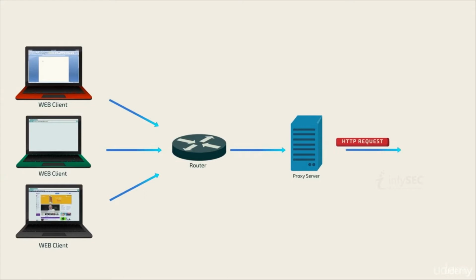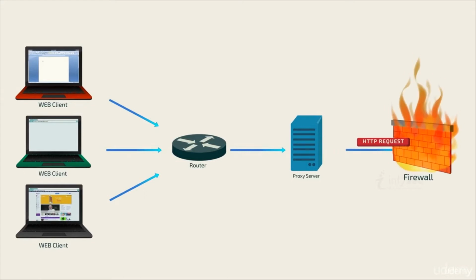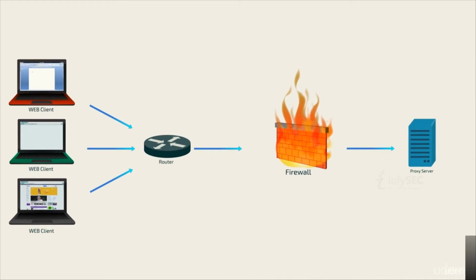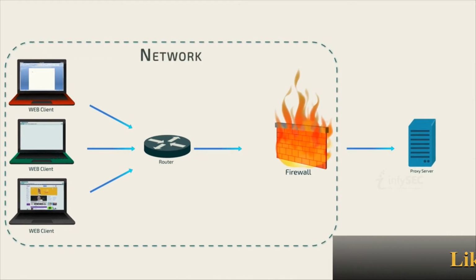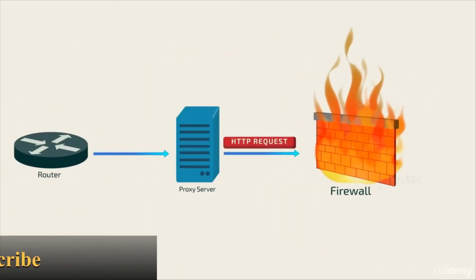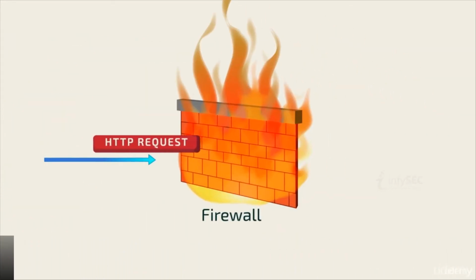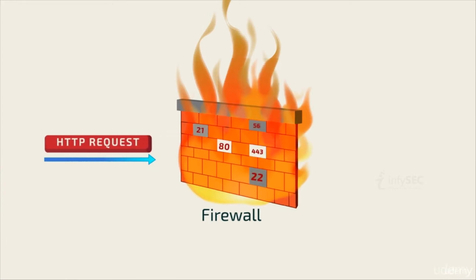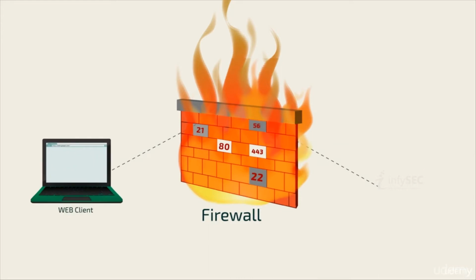Generally, the request is forwarded to the firewall, but in some cases the proxy is placed after the firewall, that is, outside the network, in order to conceal the identity of the network. Now the request is passed on to the firewall, which is conventionally designed to control ports and is allowed to gain access between the clients and the server.